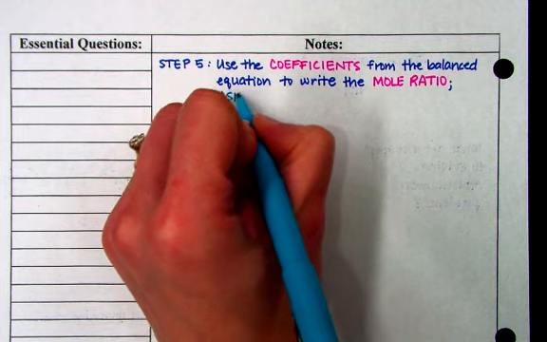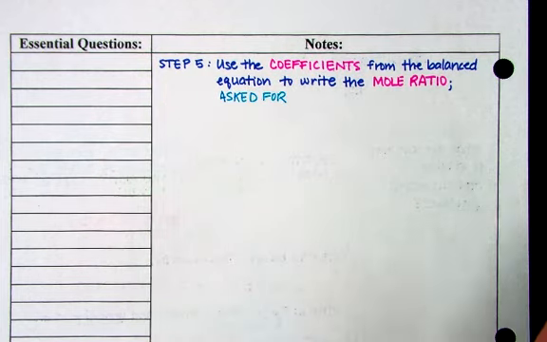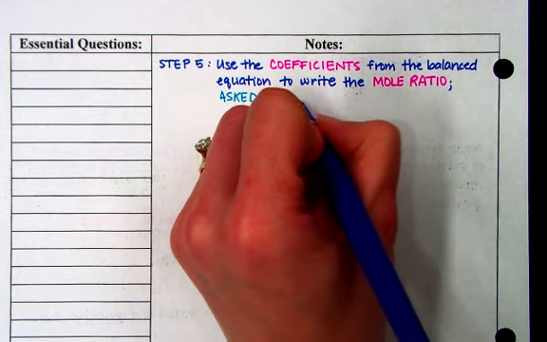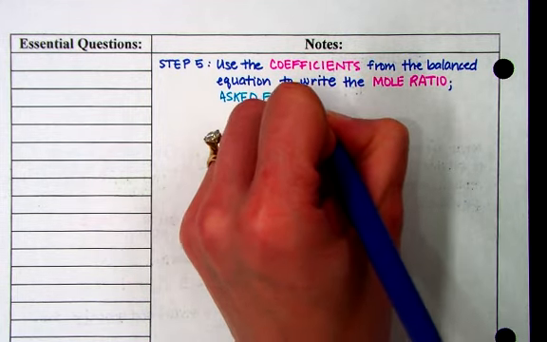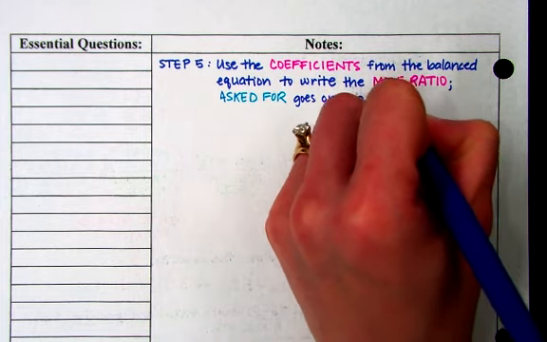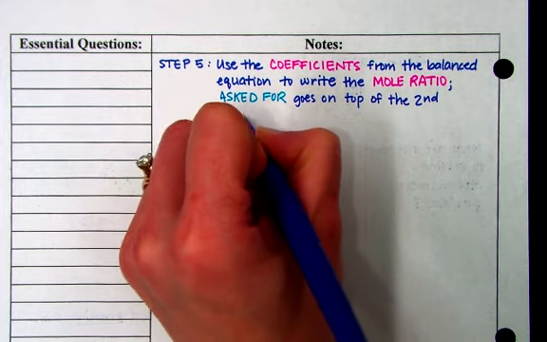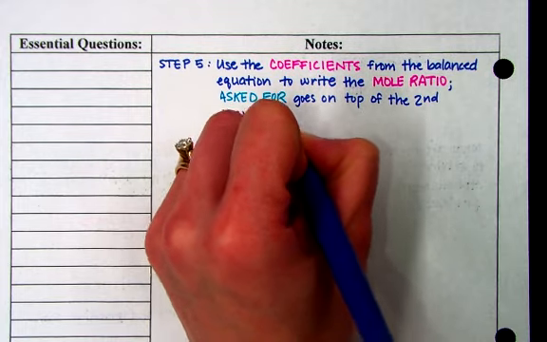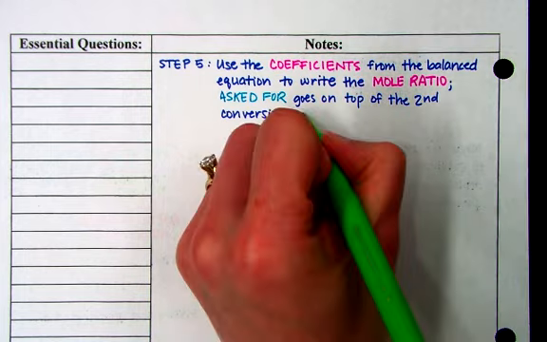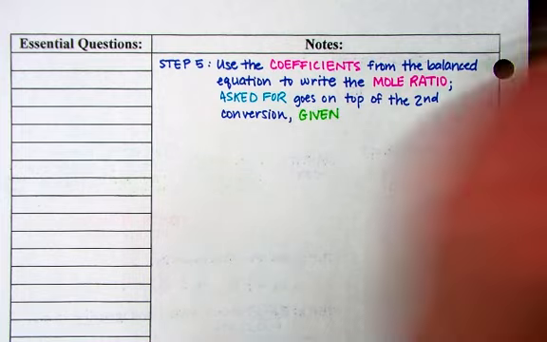Asked for goes on top of the second conversion, given goes on the bottom.